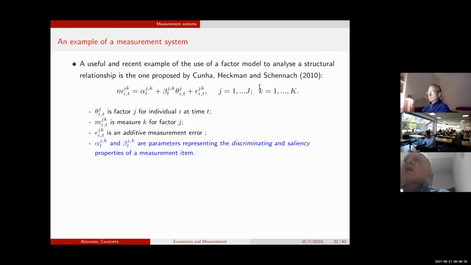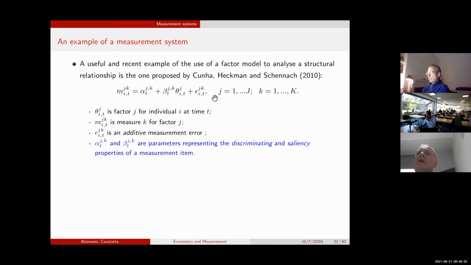Cunha, Heckman, and Schennach, in their 2010 Econometrica paper, use this particular version, and they show identifiability in a non-parametric way. In the end, often people use parametric specifications, but it's useful to be aware of the identifiability without relying on parametric assumptions. So that's a useful way to write down a model.